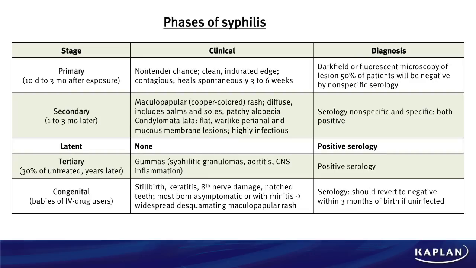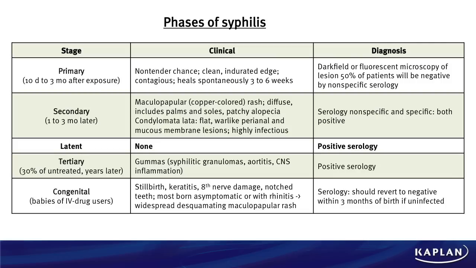Now, I've included this chart here because I think it's a fantastic resource for both the boards and the wards. It includes the different phases of syphilis. If you have some time, and I think you should, pause the video here and really review this in detail. We also have a link to this information below. On the left-hand side, you'll see the stages of syphilis: primary, secondary, latent, tertiary, and congenital, and the various clinical presentations.